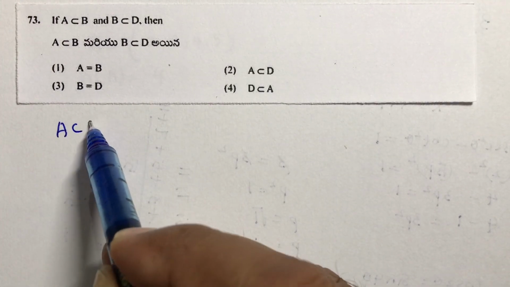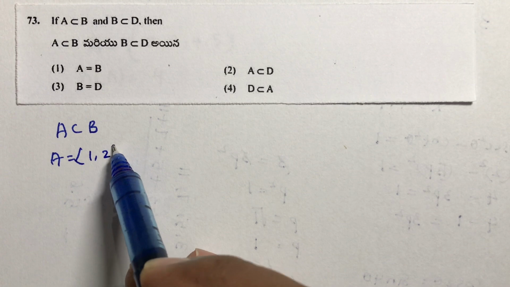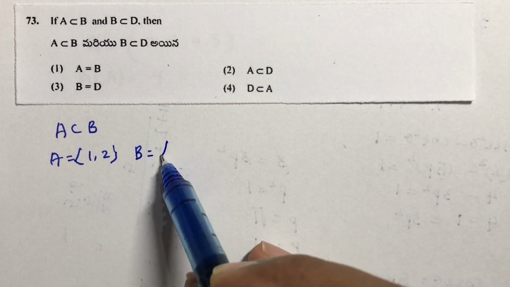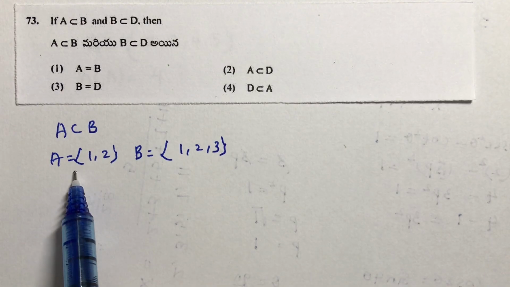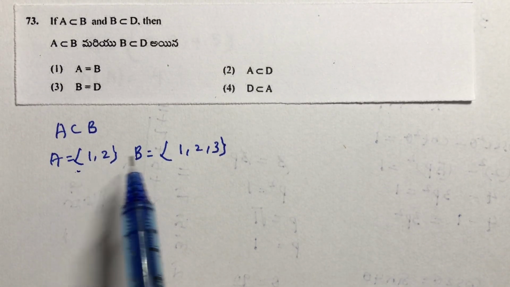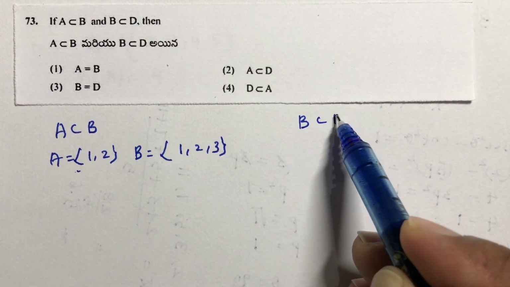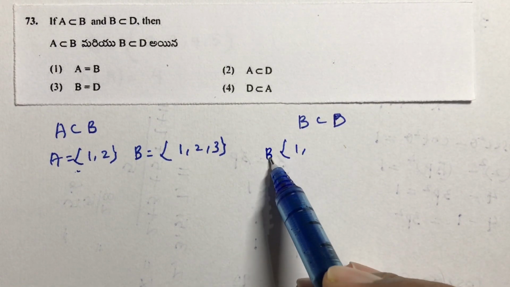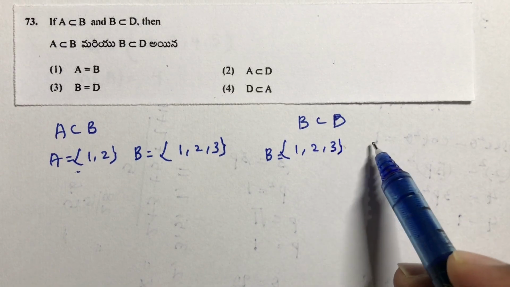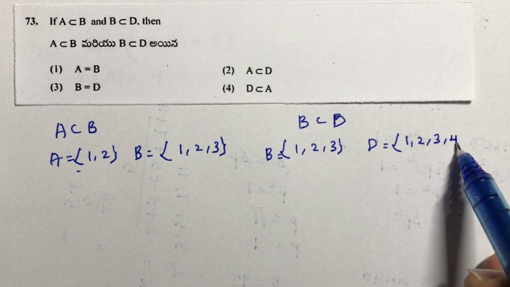So the correct option is A subset of B and B subset of D. I'll take one example. Here A is 1, 2 and in B I'll take 1, 2, 3. Now see here A is a subset of B. All the elements of A are in B. And they told B subset of D. B I already took 1, 2, 3, so D I'll take 1, 2, 3, 4.